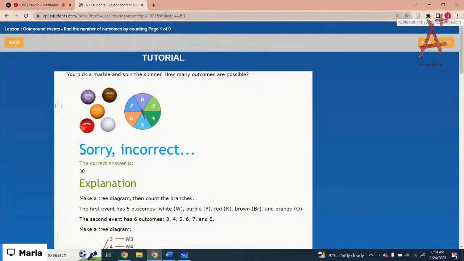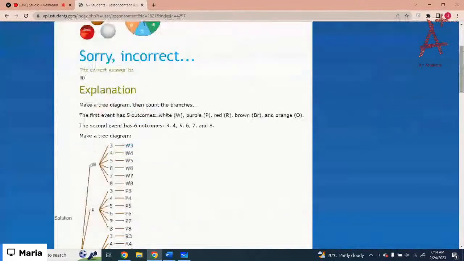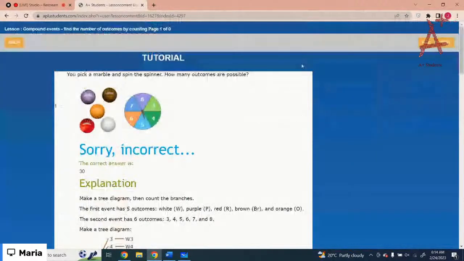You have to calculate the possible outcomes. Got it? How can you calculate the possible outcomes? You can draw a tree. The concept is you pick a marble at random and then spin the spinner. Got it? The first event has 5 outcomes.